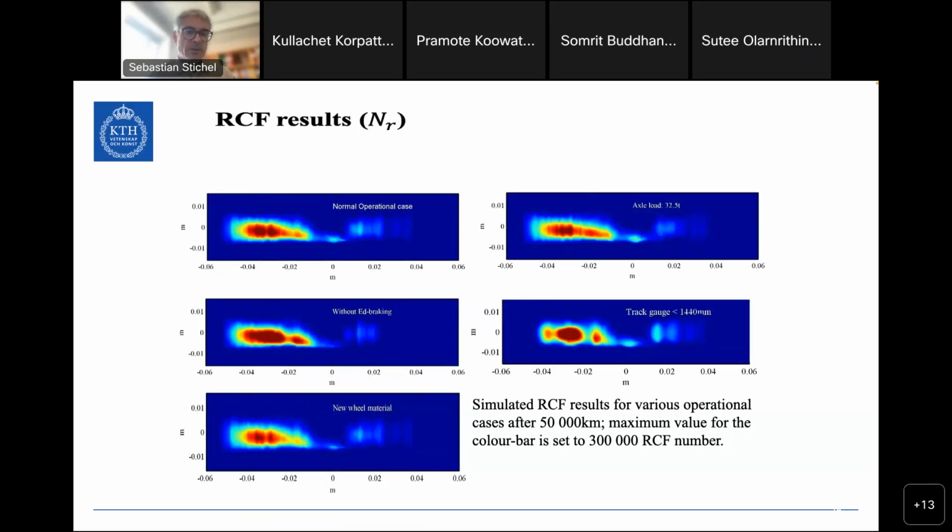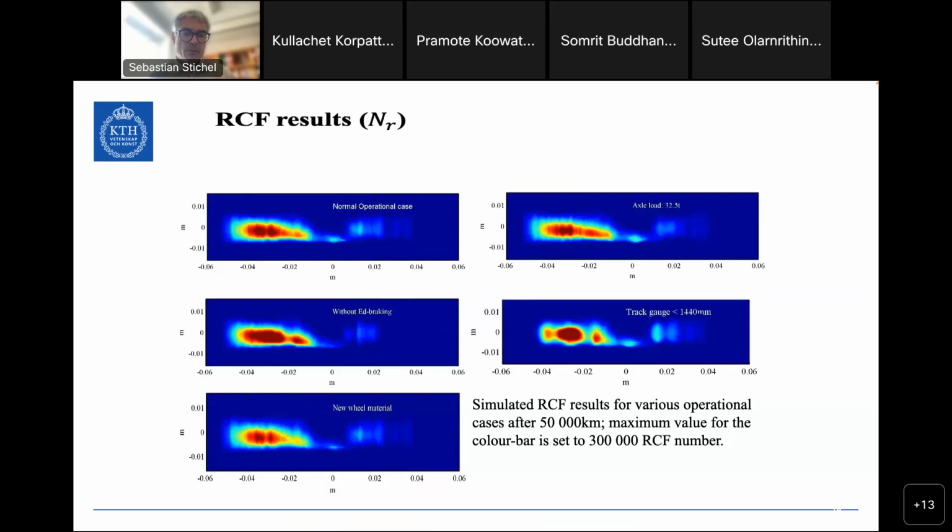So we can look at this, what happens if I use a different wheel material. Another issue is they are interested in further increasing the axle load. What would happen if you increase the axle load, and how does the picture change with respect to track gauge, because there are quite a lot of problems with gauge widening on that line.